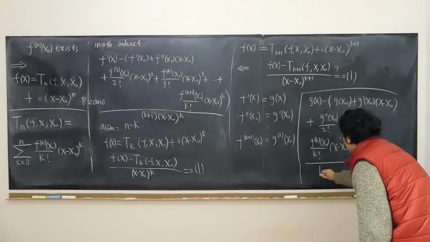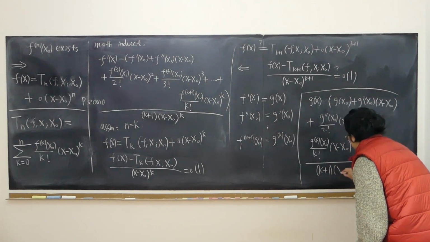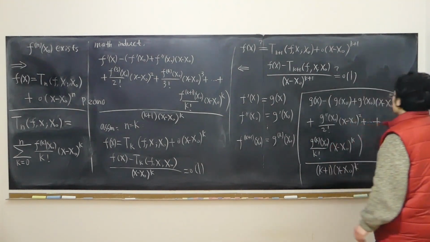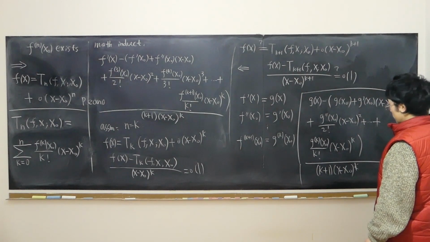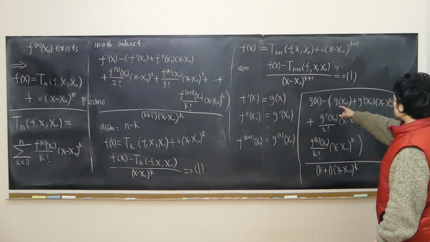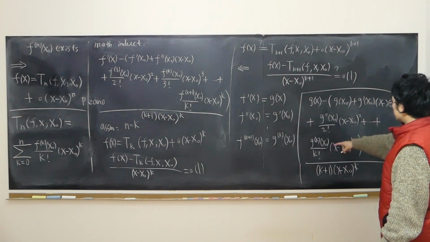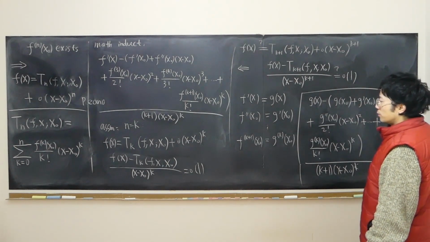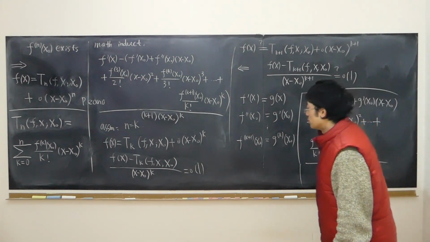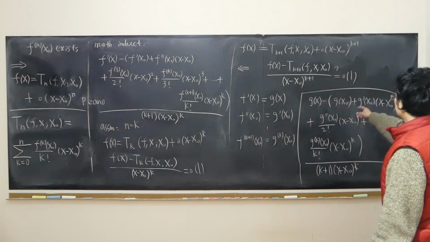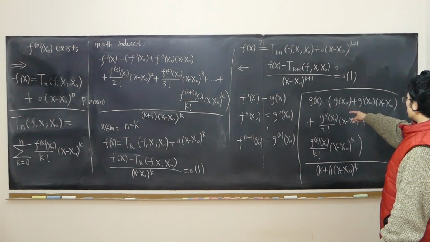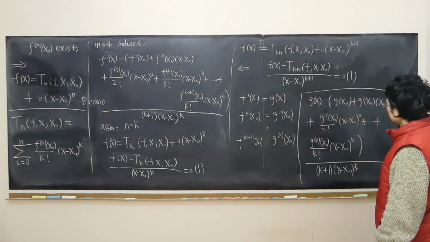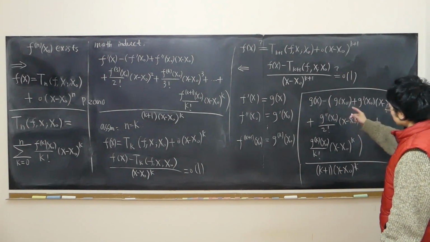Denominator is k plus 1 times x minus x naught to the power of k. Now, this should look very familiar. g of x naught plus g dash x naught plus all the way up to this one is exactly the Taylor polynomial, replacing f with g, of degree k with respect to the function g, variable x at the point x naught.